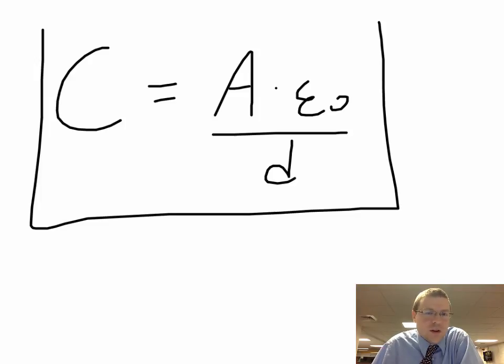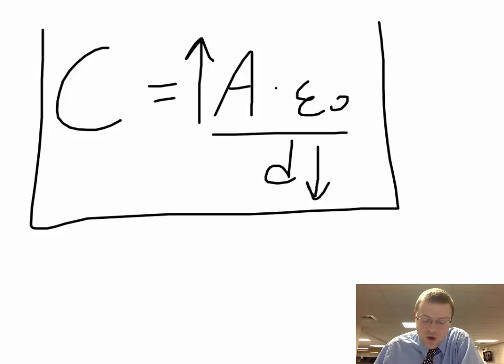In this case, for parallel plates, to have a large capacitance, you've got to have a large surface area for your plates, and you want to have a very small distance between your two plates, which we'll talk about why having really close plates may not be the best situation to create a capacitor. But we can create large capacitances by having large plates, having them very close to each other, and we don't have to make spheres that are as large as the Earth.